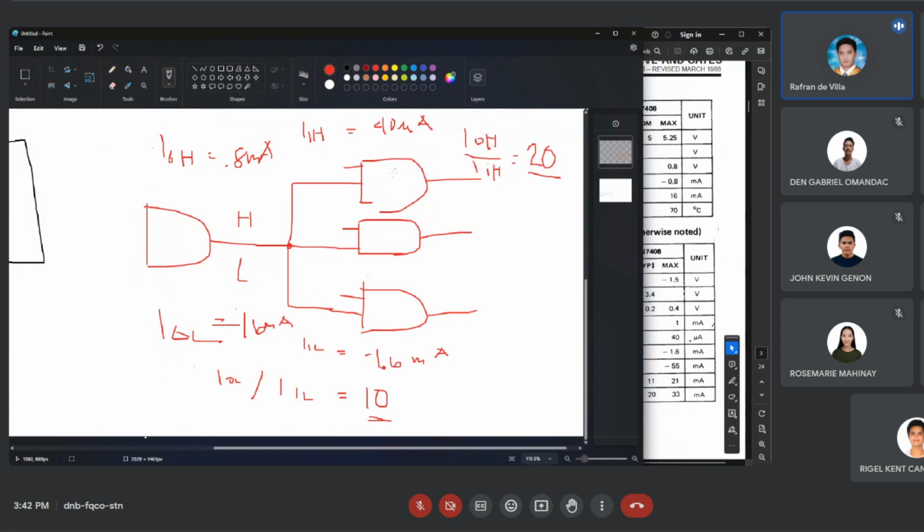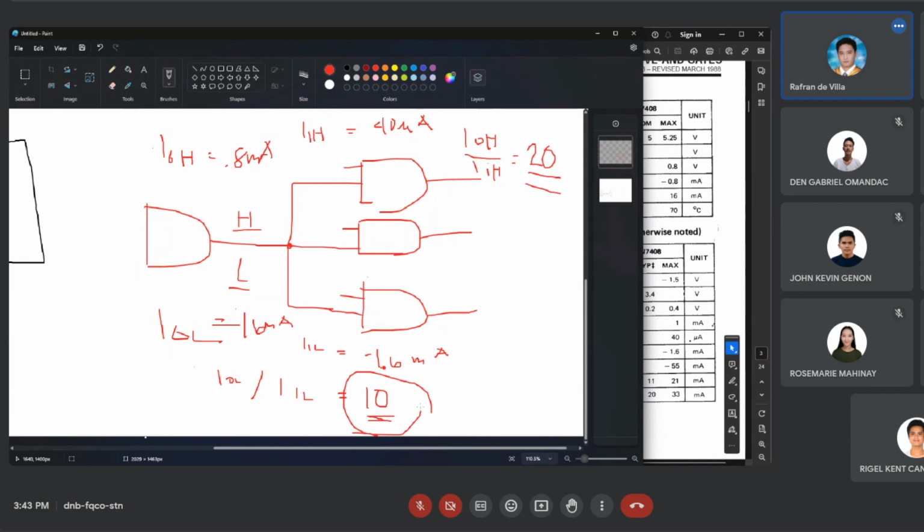If you connect 20 gates here, it is okay if the output is always high. The problem is when the output goes low, the current it can supply for the AND gates is not enough. Did you see the problem? You would need around 32 milliamps to control 20 inputs of AND gates requiring 1.6 milliamps each. So in design, if you encounter computations like this, where during logic high 20 gates can be controlled and during logic low 10 gates can be controlled, we choose the smaller number.